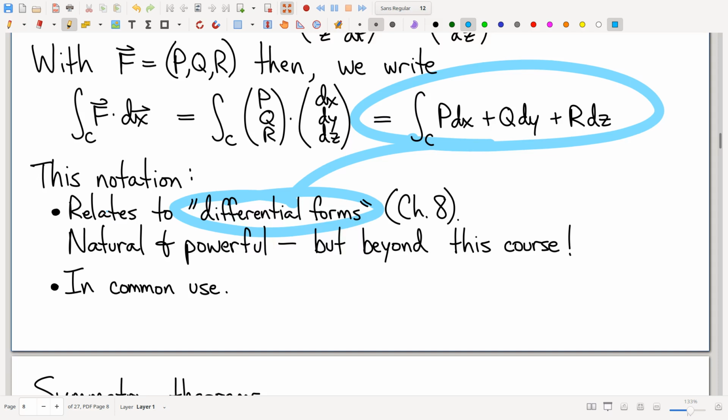And nothing really quite ever sealed the deal on that until differential forms. So when you're doing sophisticated takes on this material, differential forms is the way to go. It's extremely powerful. So this notation being basically differential form notation, very cool in that sense.